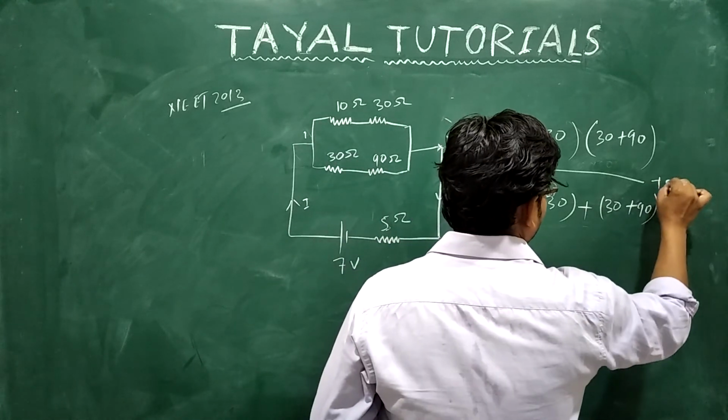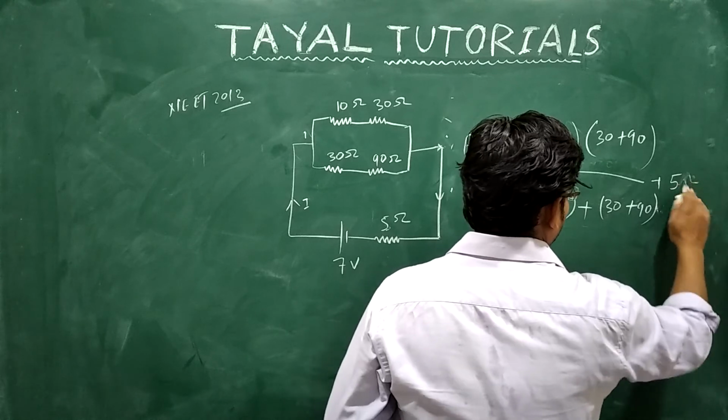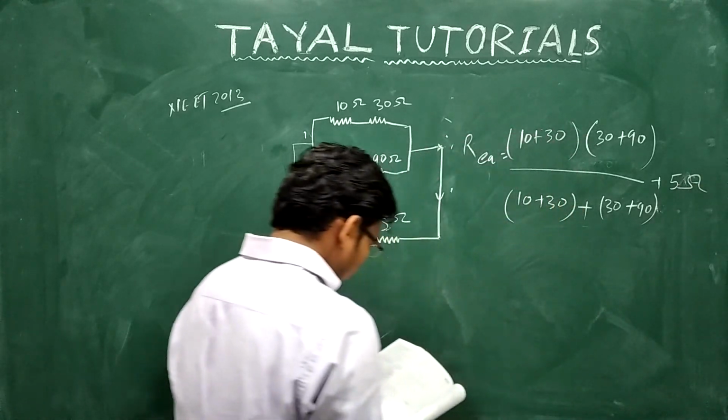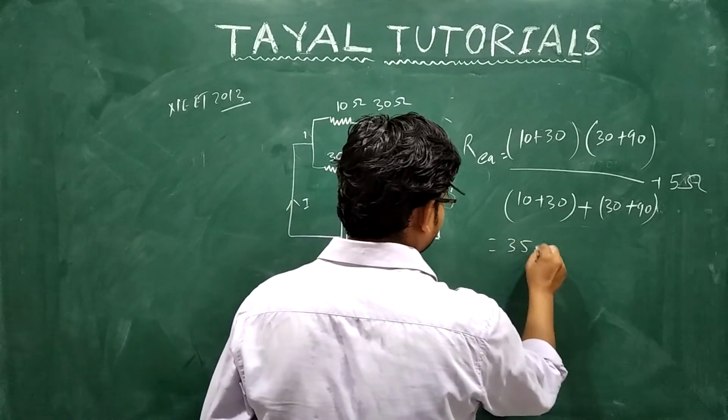Now when you solve that, you will get some value. This is your 35 ohm.